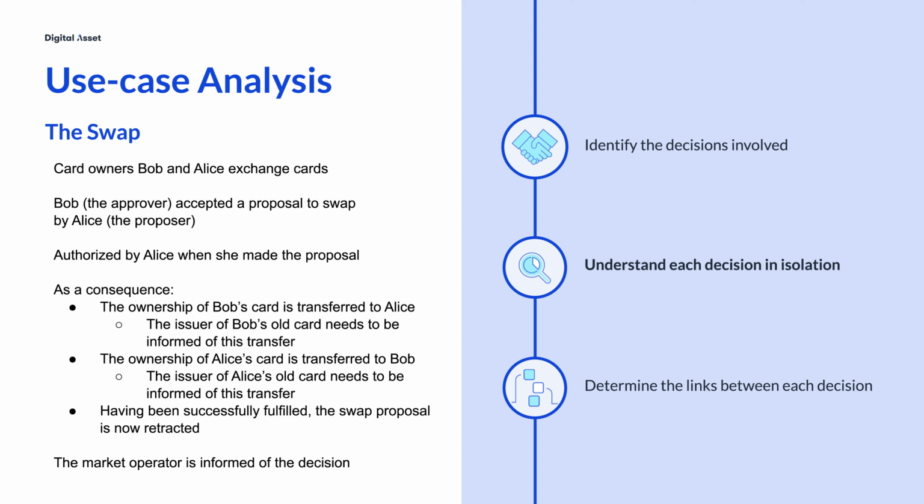We understand the event, the decision that triggered it, how that decision was authorized, the consequences, and visibility. So now we need to understand how this individual decision links to other decisions in the workflow. The links we are looking for can be described simply as what happened that allowed this decision to occur.